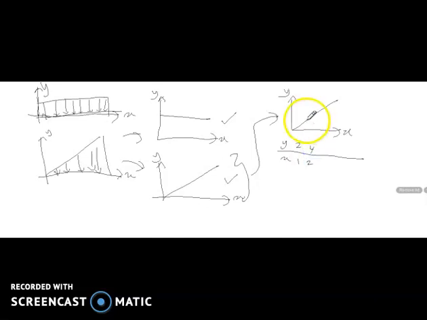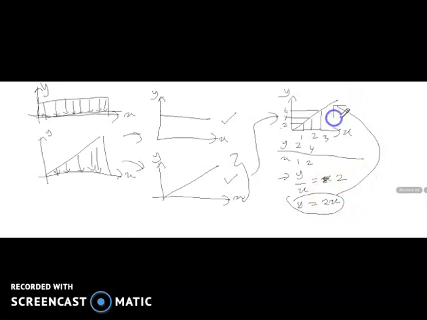So we can plot here, this is 1, 2, 3, and then y is 2, 4, and 6. Which means that y over x is equal to 2. So this means that y equals 2x. This is the function of the graph here.